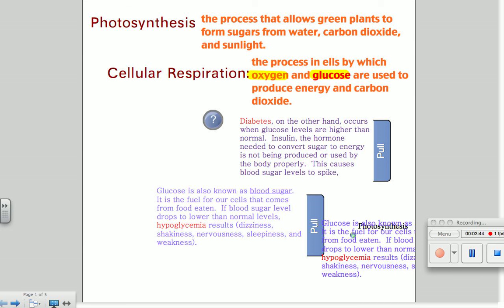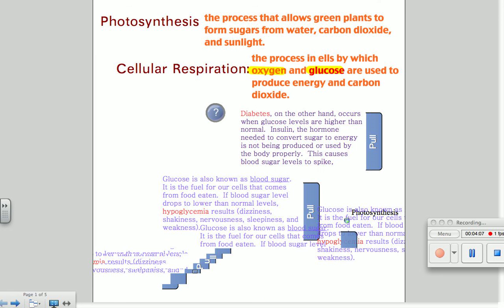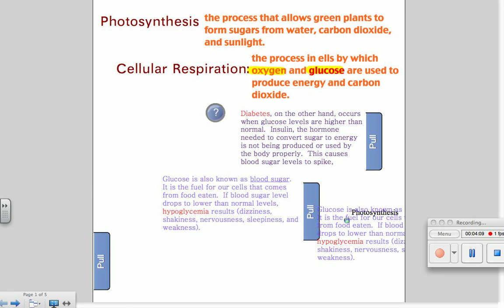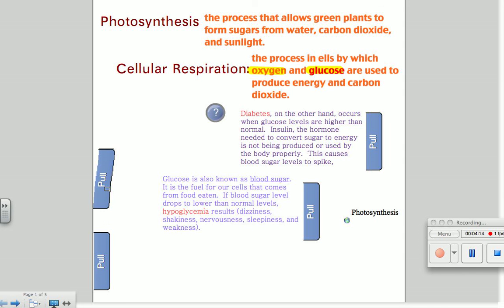And insulin is needed for our bodies to convert this sugar, this glucose that we get from food, to energy. Okay? And it's not being produced properly, or it's not being used properly. And this causes blood sugar levels to go up, up, up, which is why some people are diabetic, because their blood sugar levels are increasing.